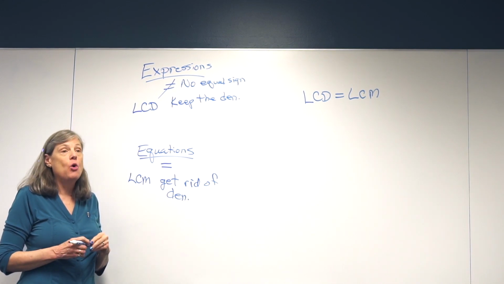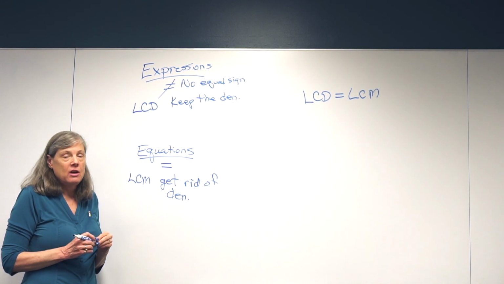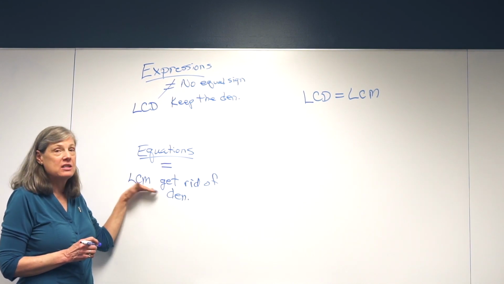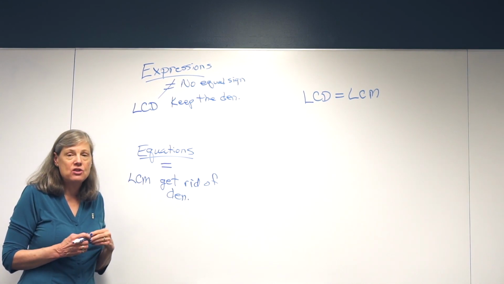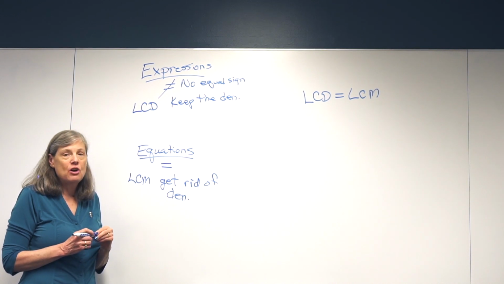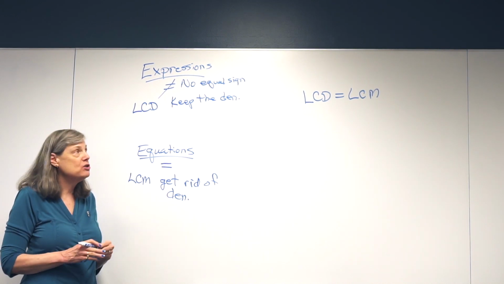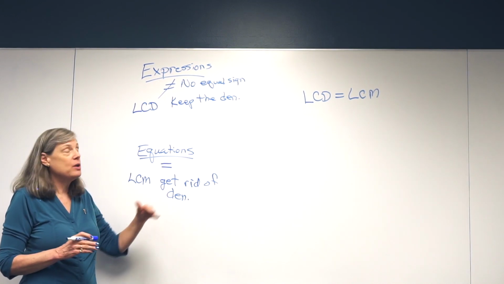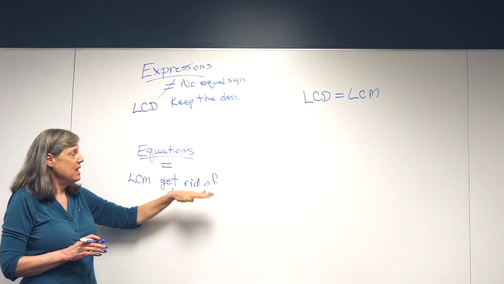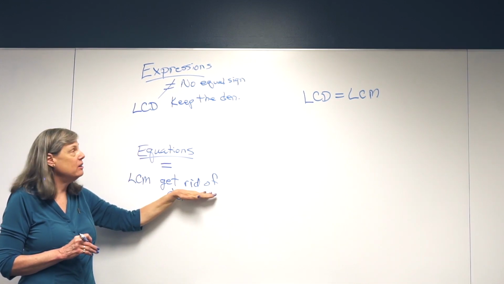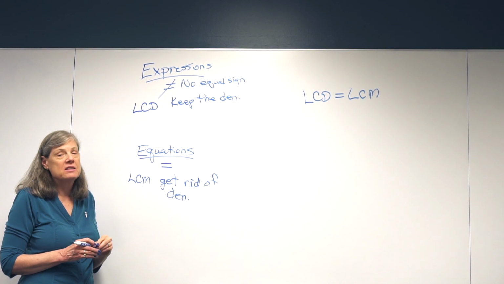And I believe I'm the only one in the world that calls this one an LCM for the equations. Because many years ago my students were having so much trouble keeping in mind when do I keep it and when do I get rid of that denominator, and they were always getting mixed up.